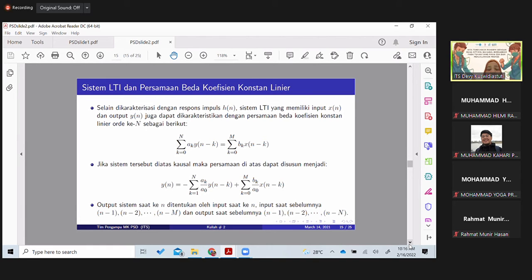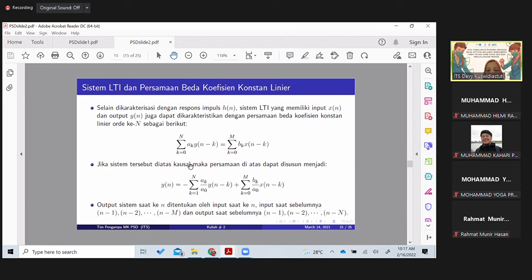So another one that you have to understand is that the system will be characterized, or you could know the system, by looking at the relation between the output of the system and the input of the system, and it can be done by analyzing the difference equation. The Nth order difference equation has the general form as the following.